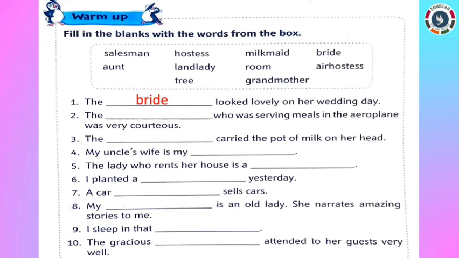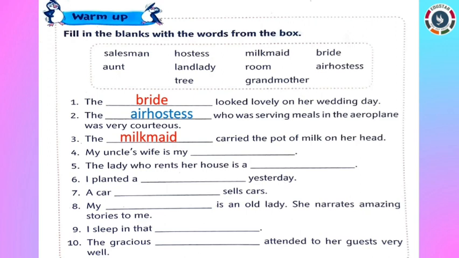Now, who is the person who serves in the aeroplane? It is the air hostess. The third sentence, the dash carried the pot of milk on her head. Now, who carries the pot of milk? Milkmaid. The answer is, the milkmaid carried the pot of milk on her head.